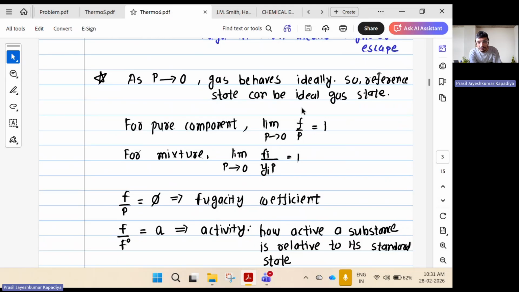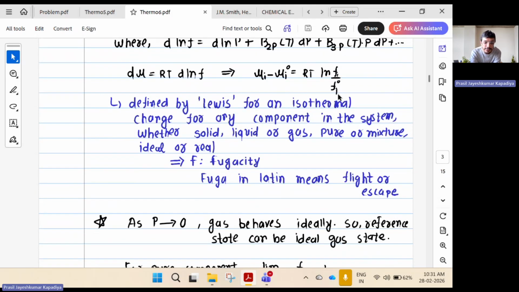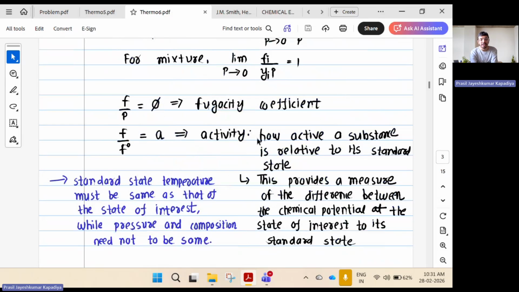So I am defining F by P as the fugacity coefficient, but when I am writing F by F0, I am calling it activity. So what is activity? Activity means how active a substance is relative to its standard state. This provides a measure of the difference between the chemical potential at the state of interest and its standard state when I am writing in terms of zero.